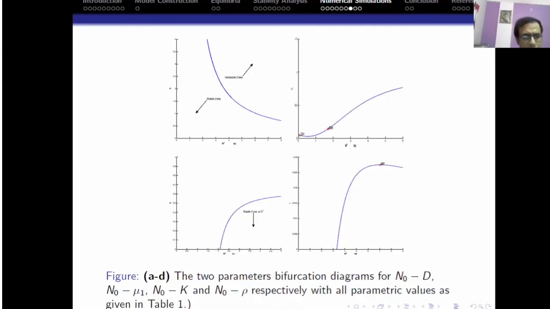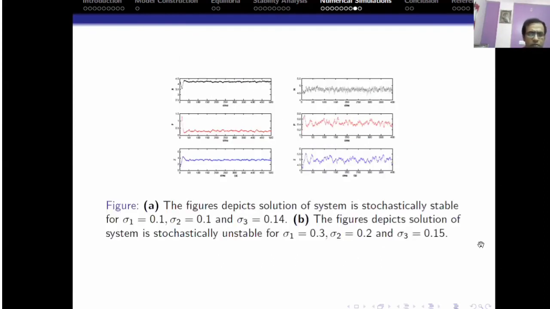Next we study the two parameter bifurcation diagrams for N0 and D, N0 and mu1, N0 and k, and N0 and rho. And here we study the stable zone and unstable zone. Now we study the stochastic system by numerical simulation.